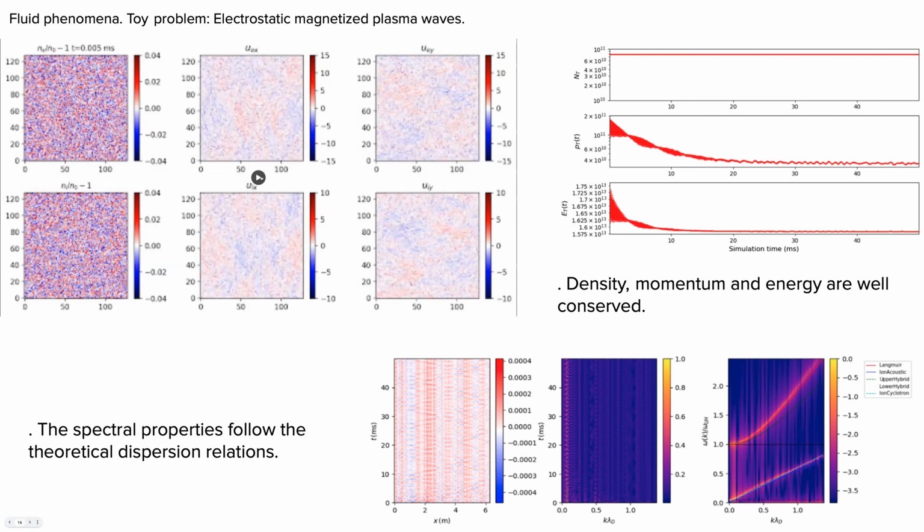So you will see some waves moving around. If you take the Fourier transform in this direction, you're going to see the wave components, how they vary in time. And if you take the Fourier transform in the time direction, you will see that the wave modes are very close to the analytic dispersion relation.